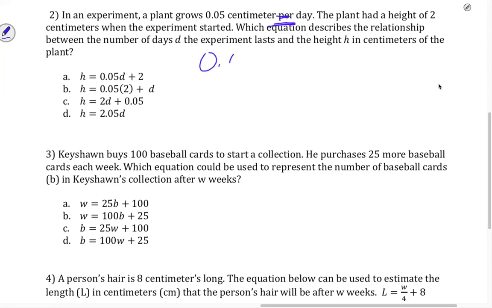So I have 0.05, that's the centimeters, per day. D is day. So I have 0.05 times the number of days, and the plant started at 2 centimeters. Now I can look at my equations and see it's not B, it's not C, and it's not D. So my answer was A.